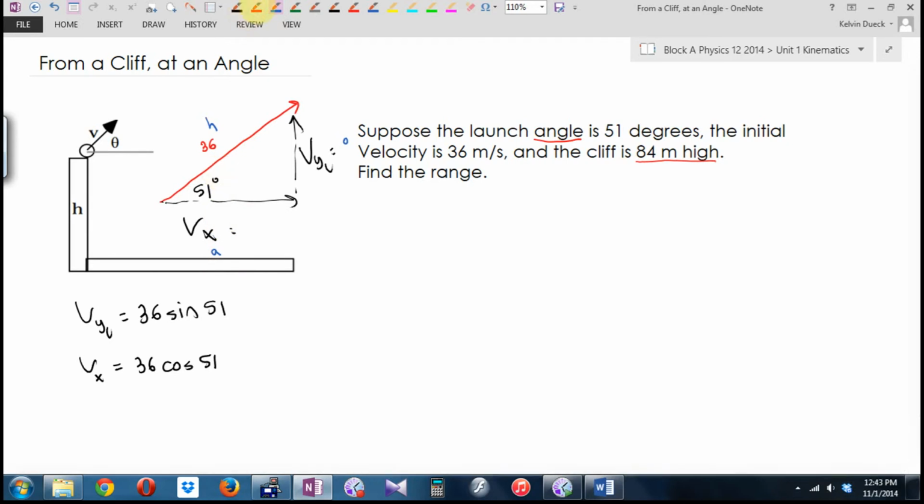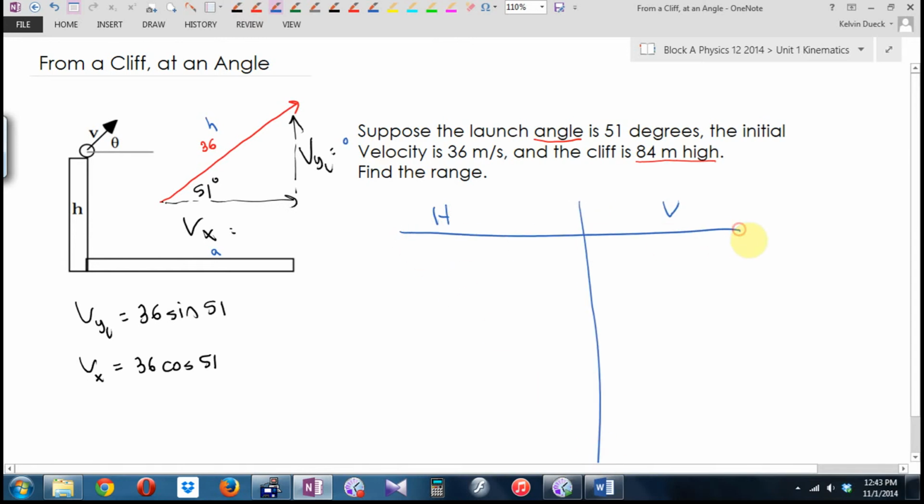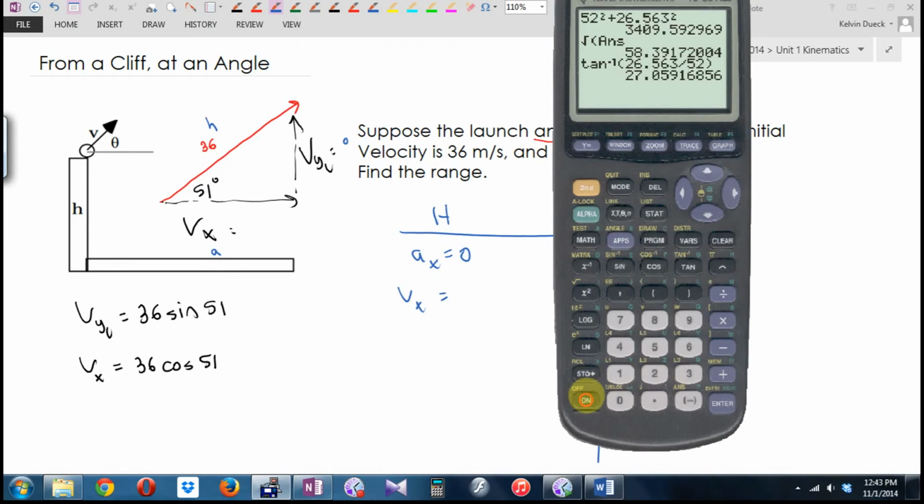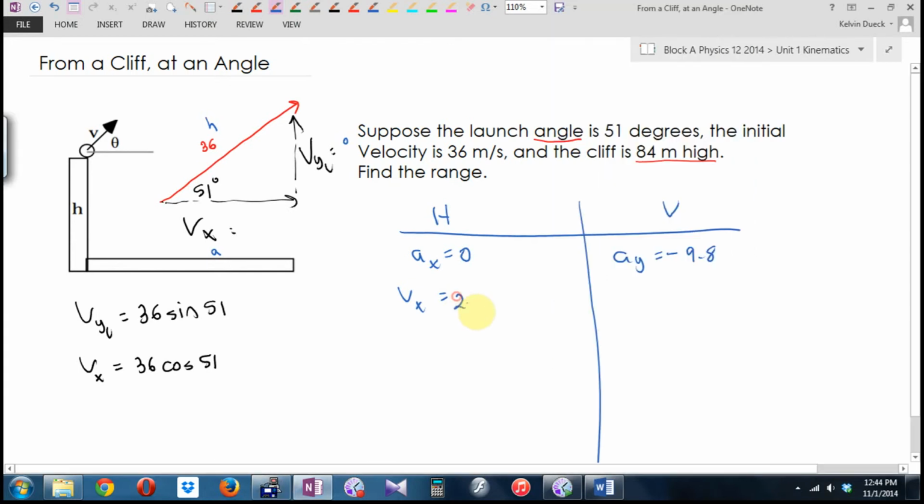So here we go. I would once again bring my t-table out. I'll go ax equals 0, ay equals negative 9.8. I'll go Vx equals, let's see, what is 36 cos 51? 22.656, I guess.